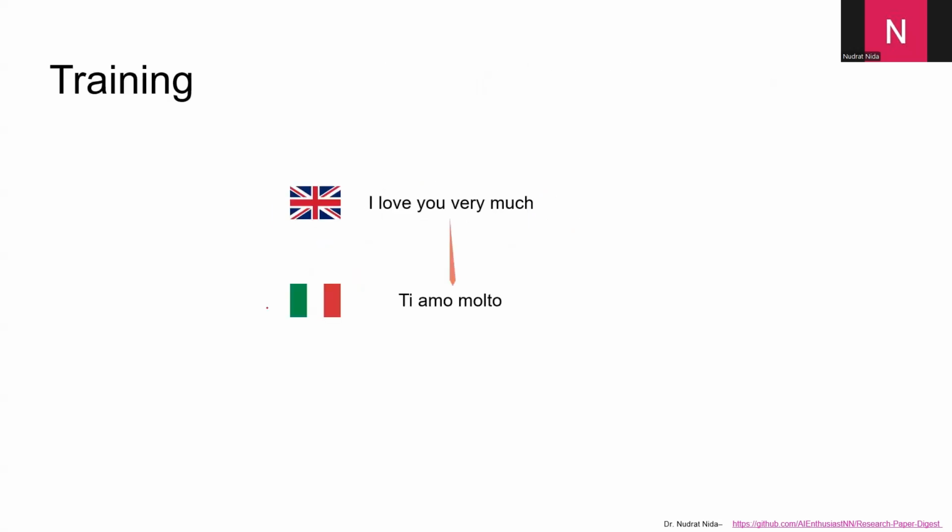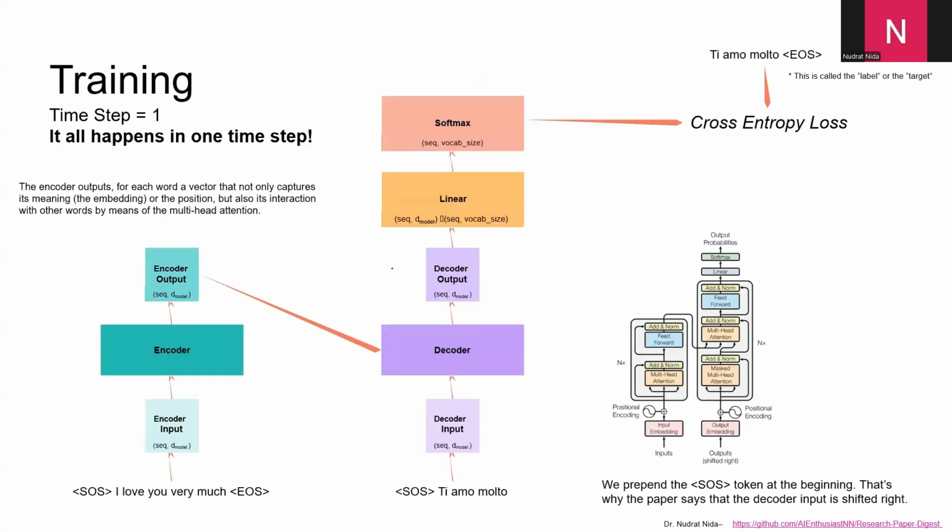So for example, if we are working on a translation task, in which the sentence "I love you very much" is being translated into Italian, and the translation for this sentence is "ti amo molto." So how will the decoder and encoder map it? Let's see. In the first step, these tags are added: start of sentence and end of sentence.